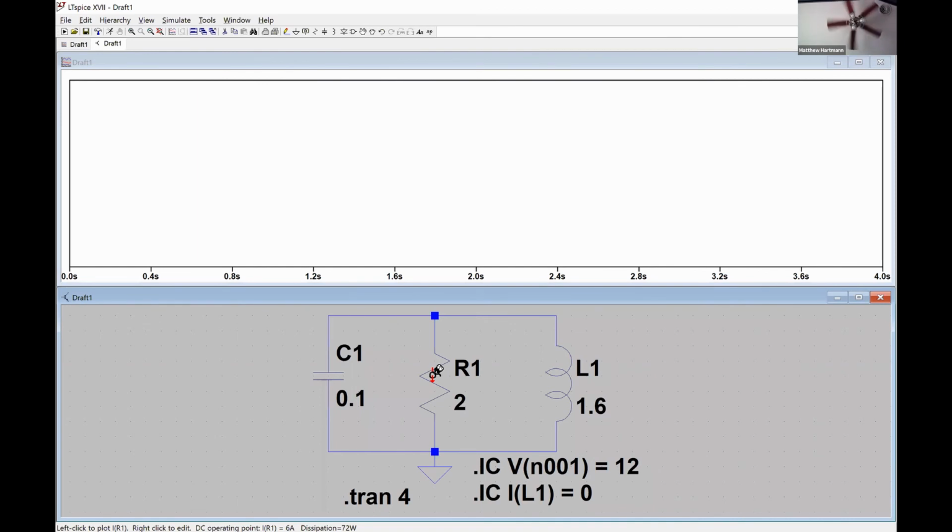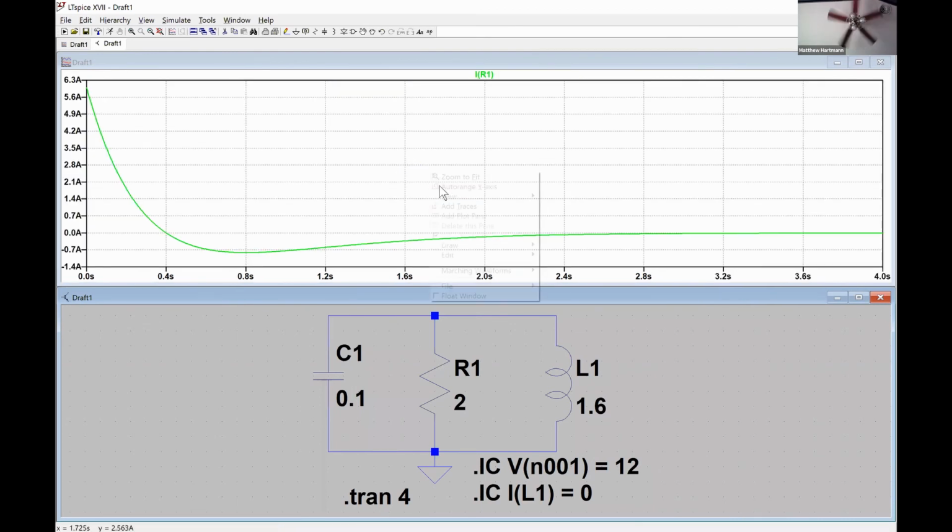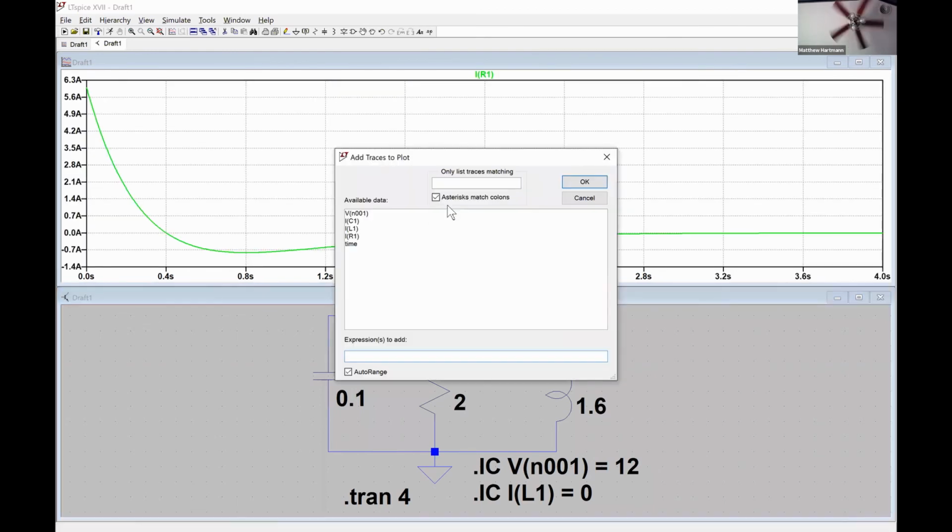So current probe, resistor current going down, add traces. So this was -15 times time.